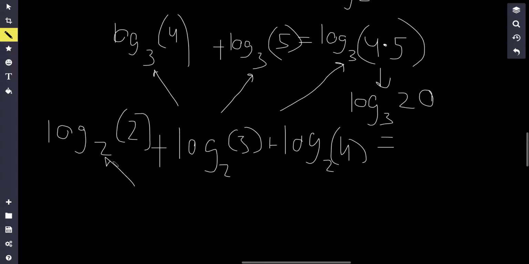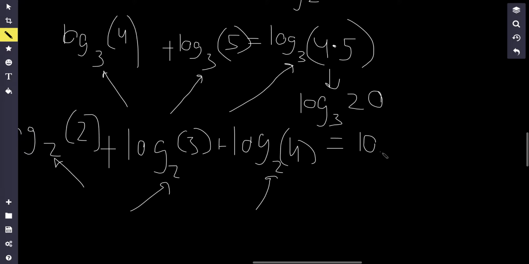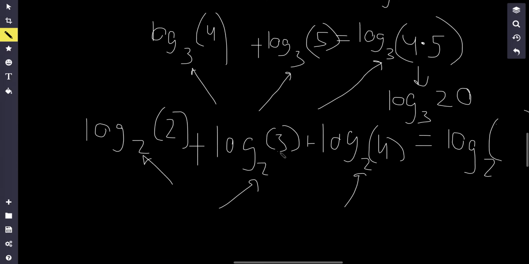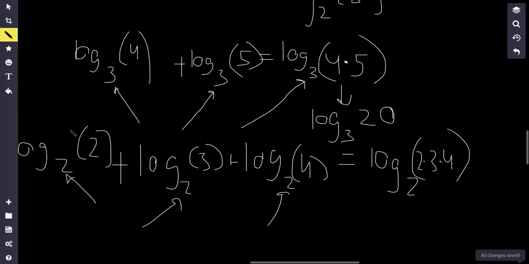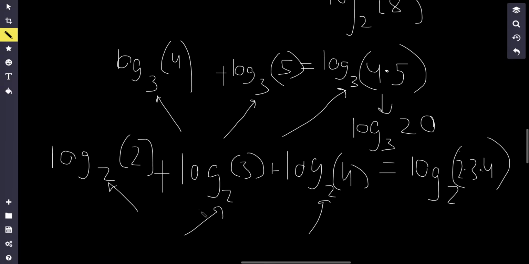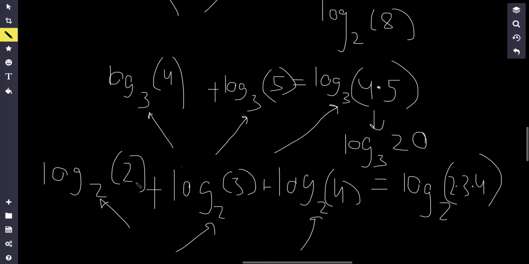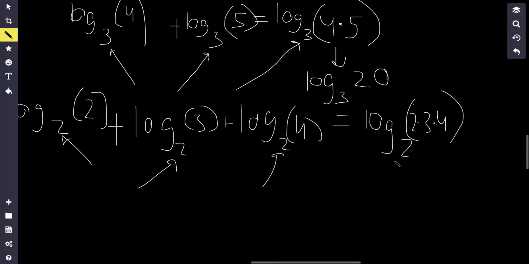Well, you're going to keep the base, so it's still going to be log base 2, and you're going to take everything inside the parentheses, this 2, this 3, this 4, and multiply them by each other. As long as the bases of our logarithms are the same, you could pretty much do this forever. So you just multiply the things inside the parentheses, and in this case, you're just going to get log base 2 of 24.